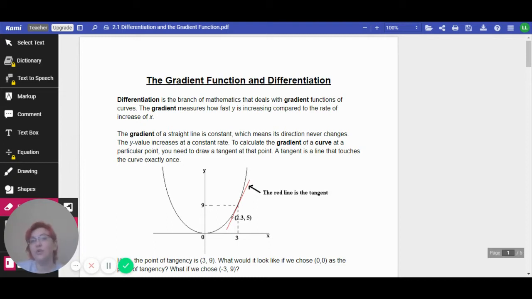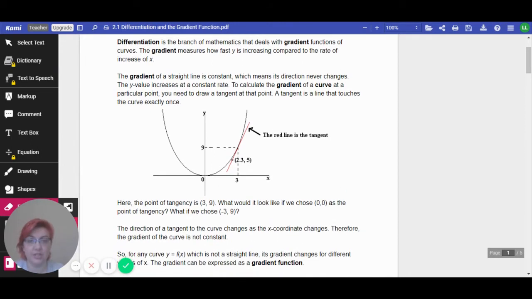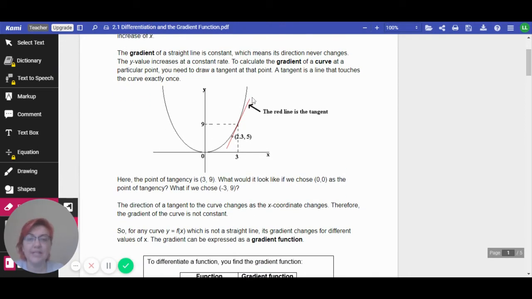To calculate the gradient of a curve at a particular point, you need to draw a tangent to that point. So a tangent is a line that touches the curve exactly once. So you can see that my tangent is touching the curve here at (3, 9), which we call the point of tangency.